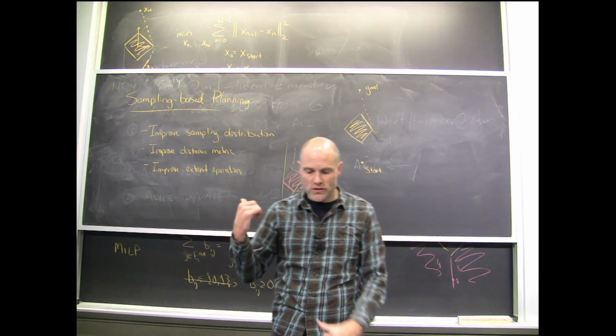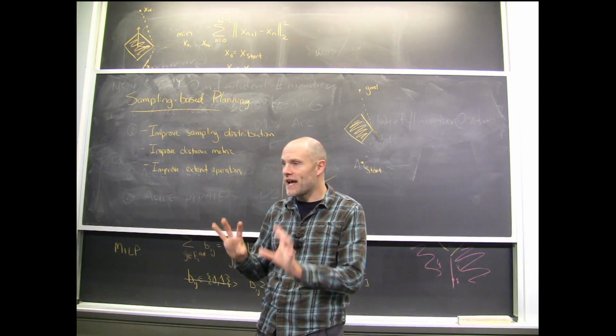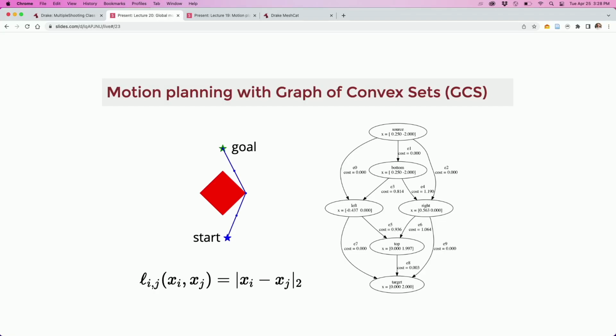Okay, so now we're into a problem where, for these kinds of problems, we can write something closer to the true combinatorial complexity. We're going to enumerate and decompose the different regions, and the reason I get around having to pick n, the number of samples, is, first of all, I know that a straight line path in a convex set is going to be collision free, so I don't have to enumerate lots of points and check them all.